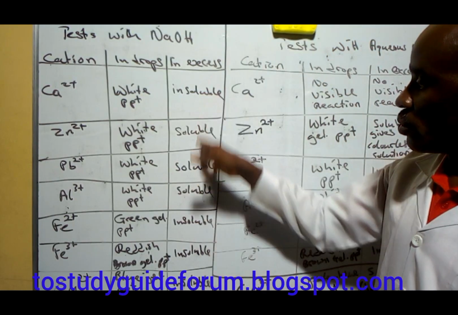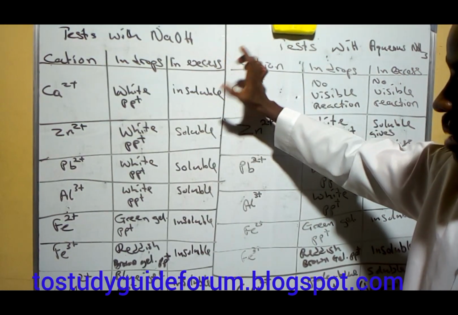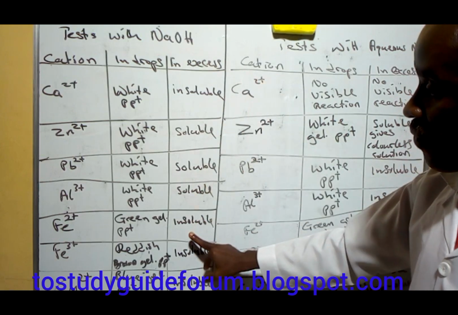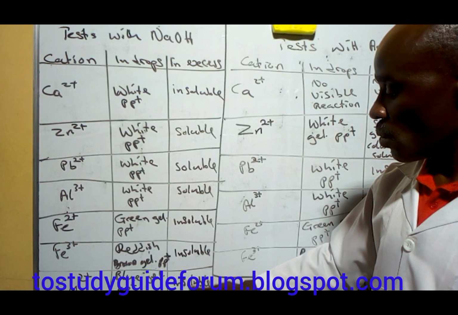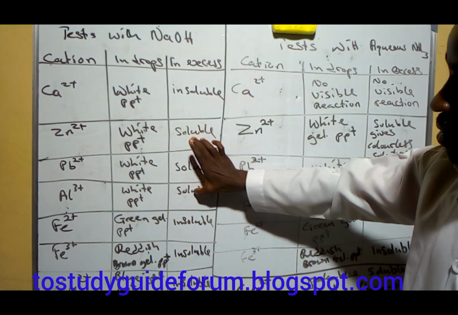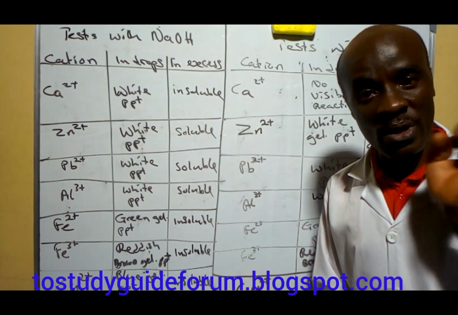All these things are what you are likely to find. That means when using sodium hydroxide, you can confirm the presence of calcium, and also iron 2, iron 3, and copper 2. But you cannot use sodium hydroxide to confirm the presence of the others. You have to do another test, which you are going to look into.